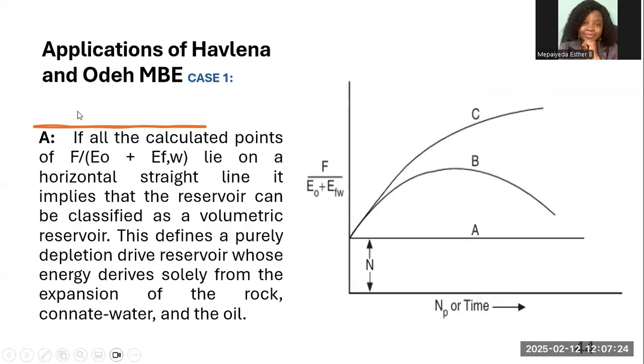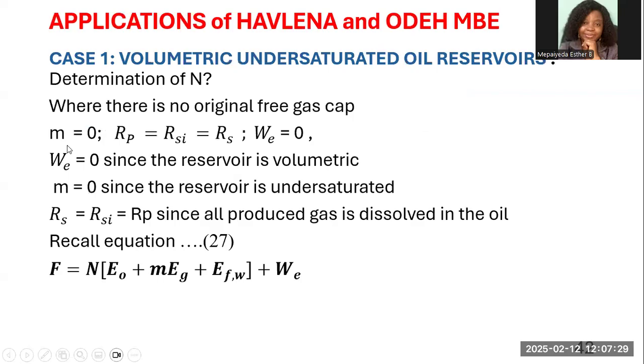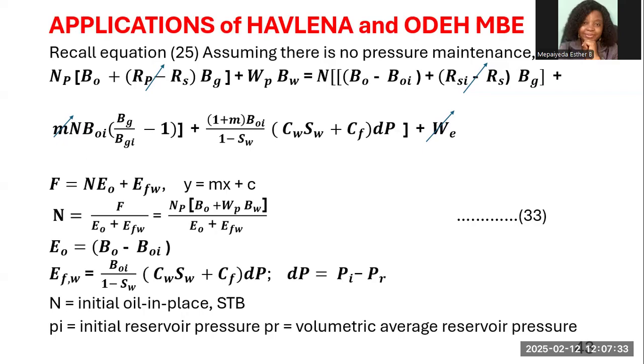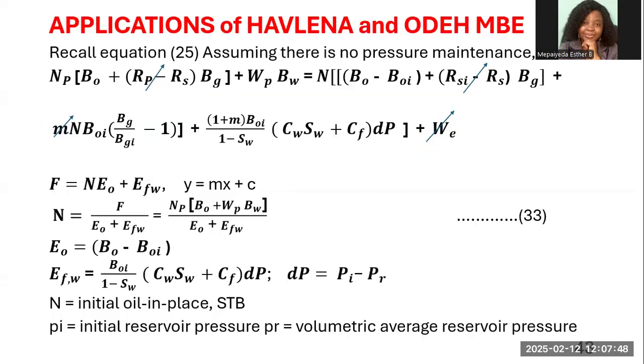So let's look at the application of this. For the volumetric undersaturated oil reservoir, we have reduced equation 25 to equation 33. You can look at F equals N Eo plus Efw. So what can we make of that equation?